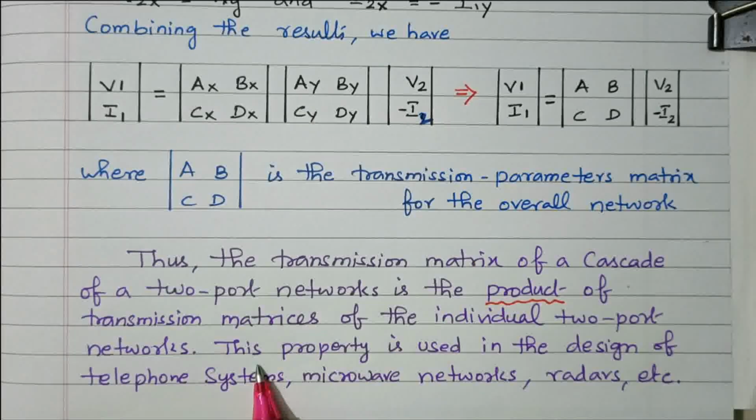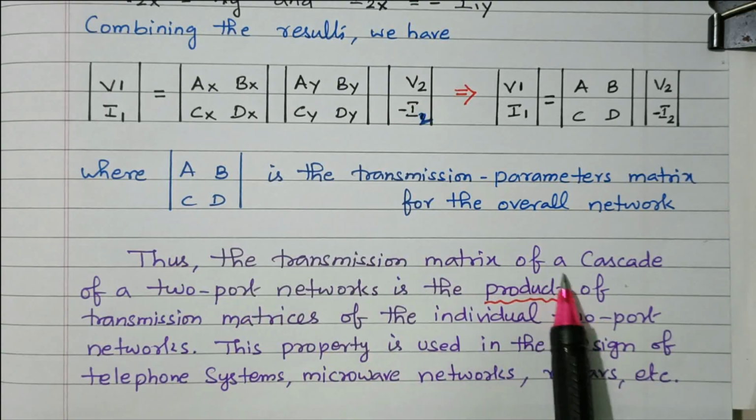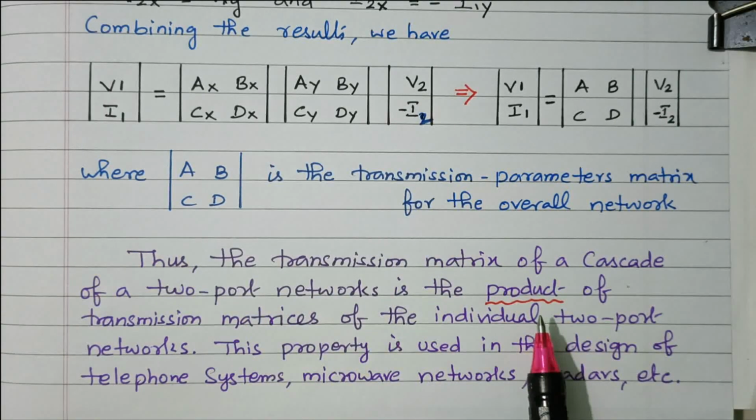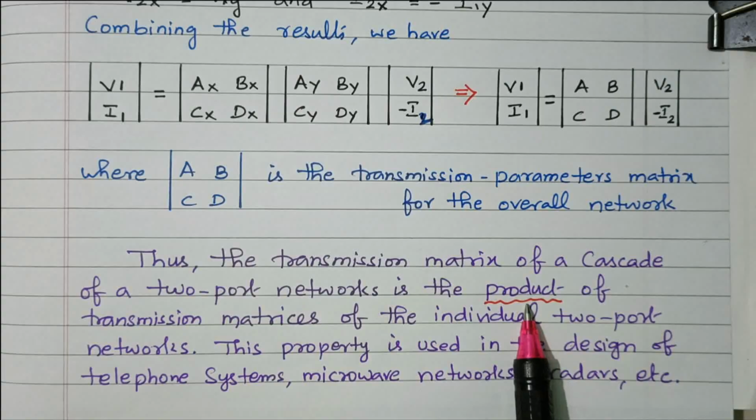This property is used in the design of telephone systems, microwave networks, radar, etc. So while designing these transmission networks, we can use this resultant product. While connecting transmission networks in series, in cascade, the resultant is the product of the individuals.